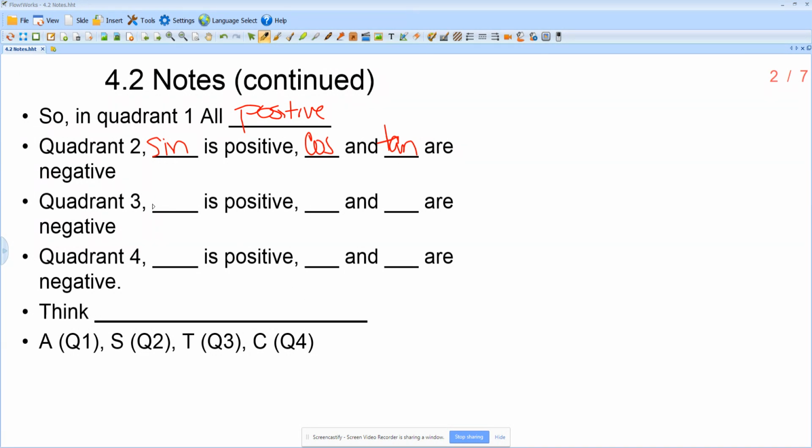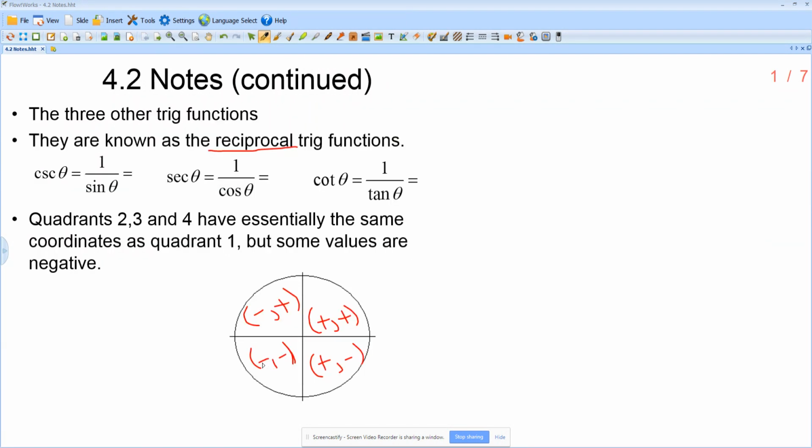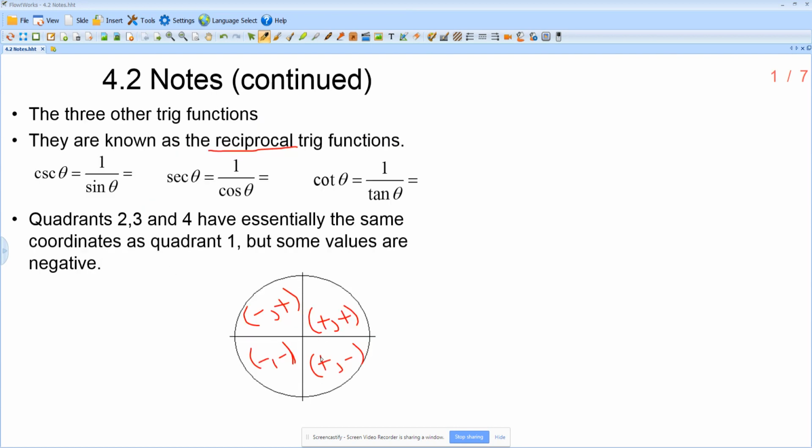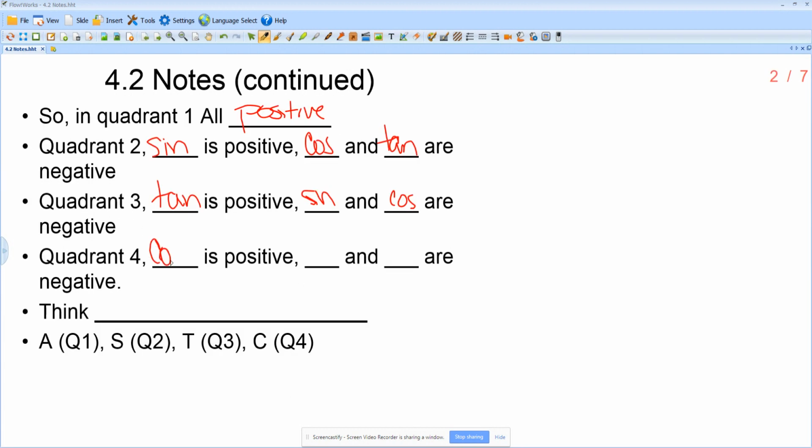Quadrant 3, so we're looking here in quadrant 3, cosine and sine are both negative. Tangent is the ratio of those, so tangent is positive. And then last in quadrant 4, cosine is positive because x is positive. And sine and tangent are negative.